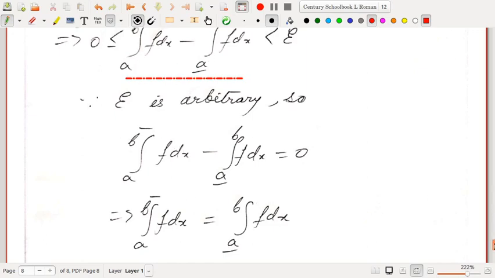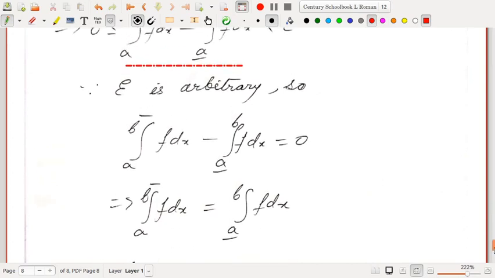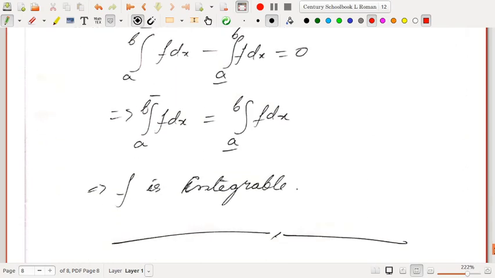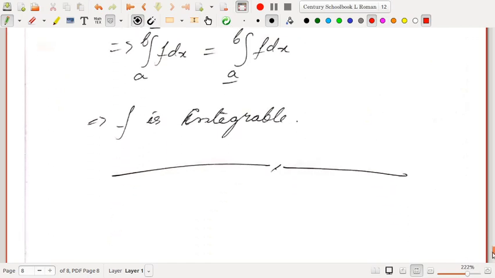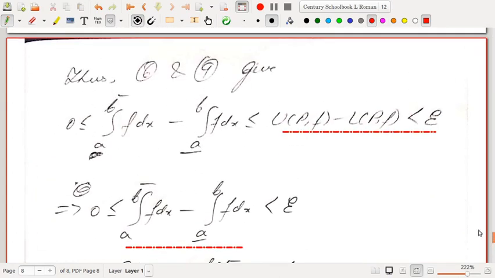This is the only possibility. Whenever a non-negative quantity is strictly less than every positive quantity, that quantity has to be 0. There is no other option. So the upper integral and lower integral are equal, and f is Riemann integrable. So this is the proof of this necessary and sufficient condition for integrability.